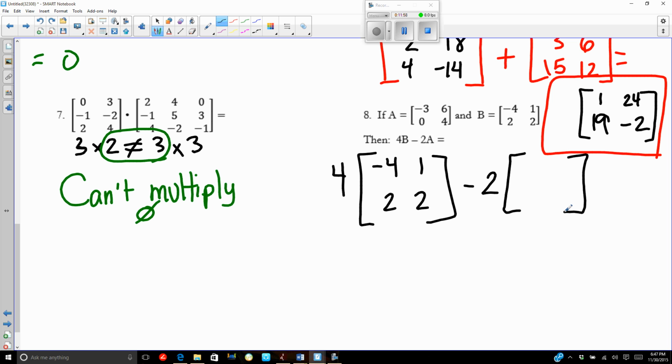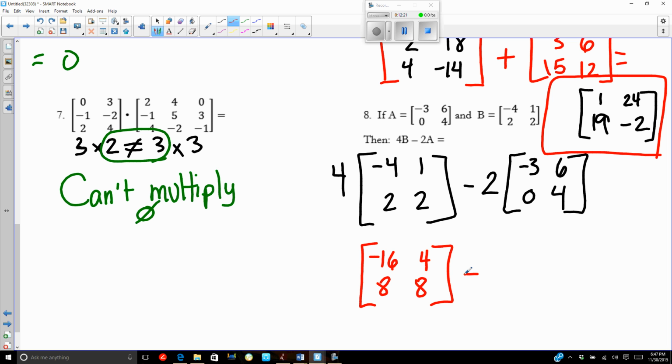And matrix A is negative 3, 6, 0, 4. So if I multiply everything in there by 4, I'm going to get negative 16, 4, 8, 8.